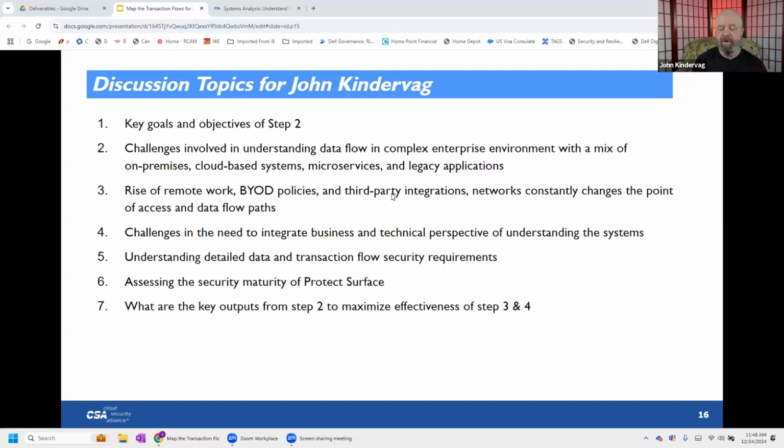Now, as it relates to third-party integrations, all you can know is how the transaction starts mapping once it hits your systems. But that's what you're concerned about: protecting your systems, your protect surfaces. So you have to ask the question. You don't have to map everything that's going on in their system. All you have to do is say, should third-party system A, user X, have access to my protect surface number one? That's the question.